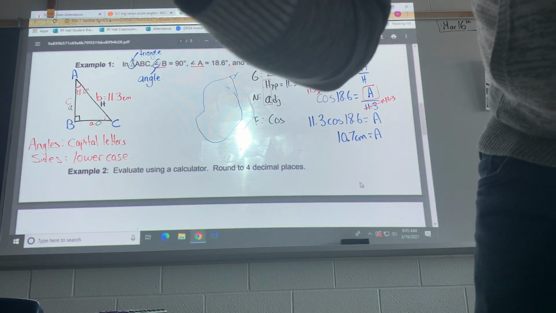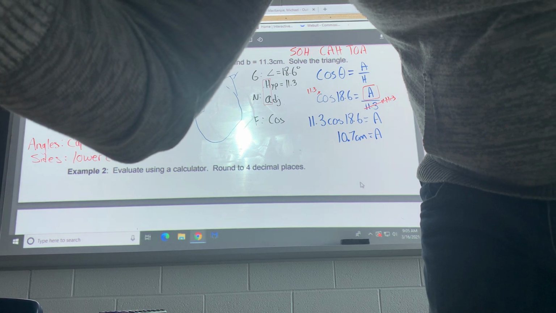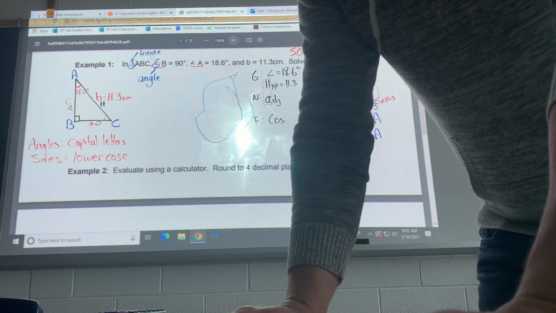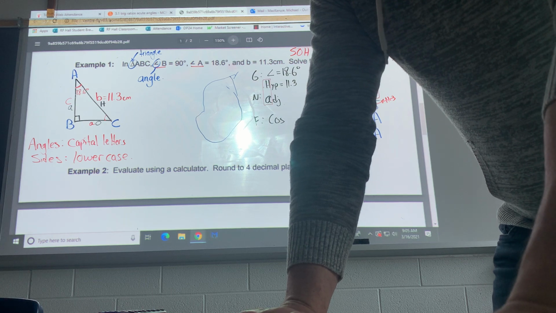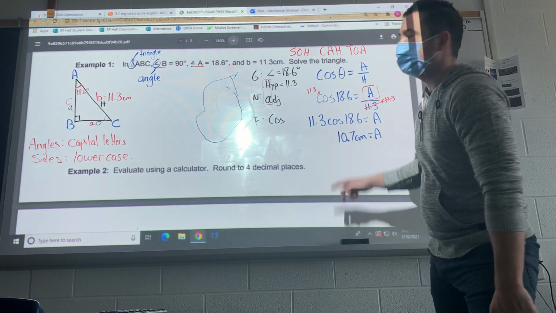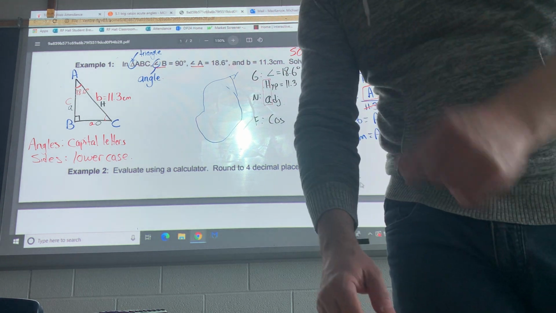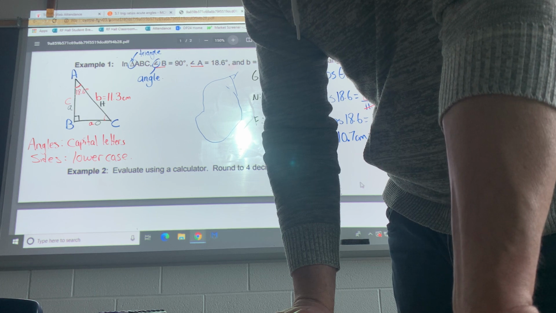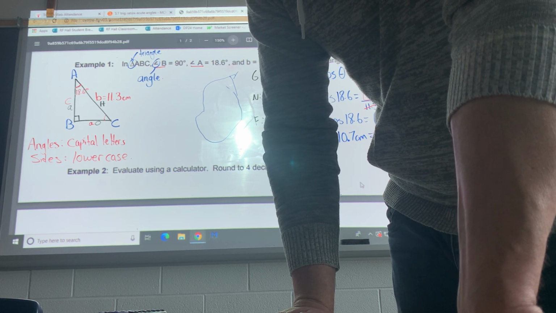You should see a little D in the top here where it says degrees. Then did you try going forward, Deborah? Just type it in as it is: 11.3 times cos of 18.6. It should only work one way.